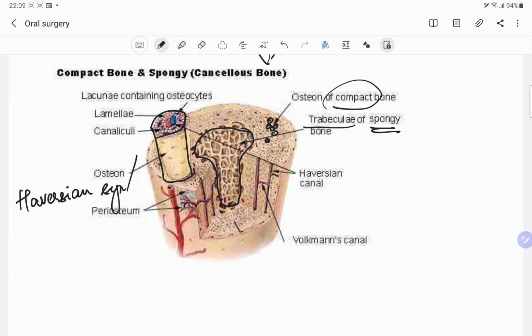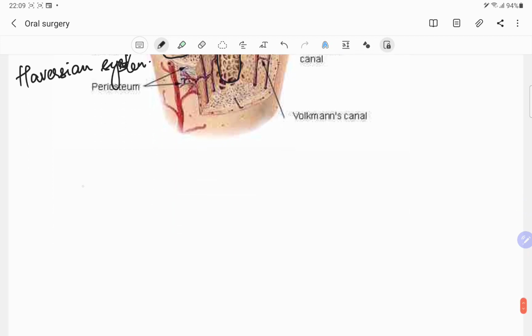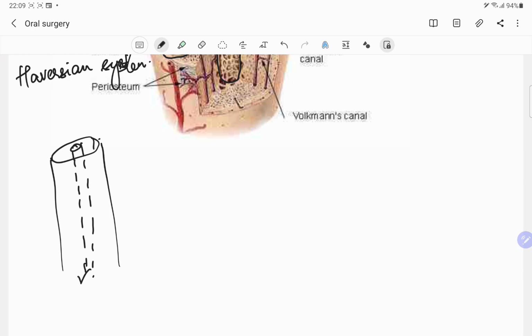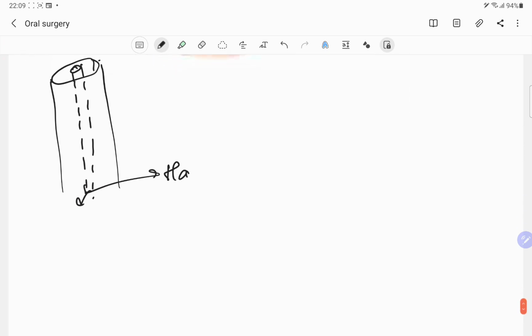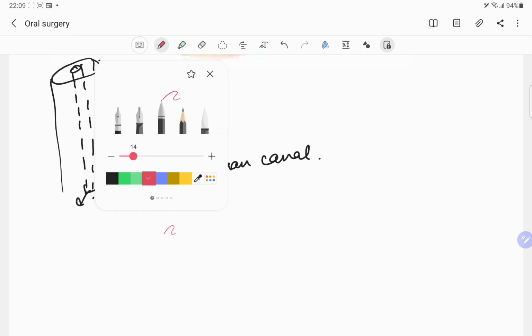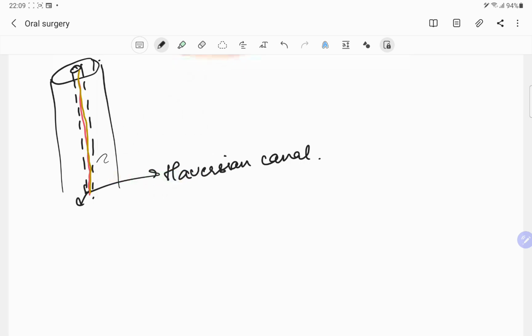Inside this Haversian system there is the Haversian canal, along which the nerves and blood vessels pass. Then the canaliculi branch from the canal to the empty spaces.